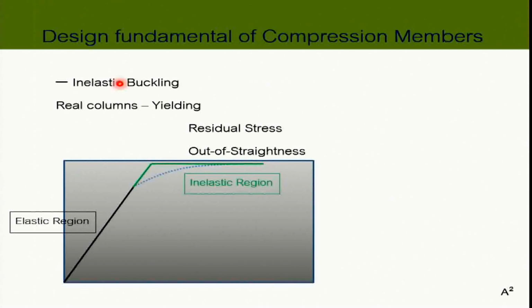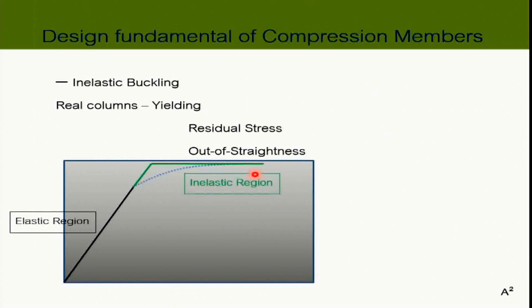And in the inelastic region, when our compressive member or column carries the load into that behavior, we will have the problem with yielding, of course, because if we continue to pour more load onto the column, it's going to carry more and more, and therefore the stress in the cross section is going to keep increasing, correct?